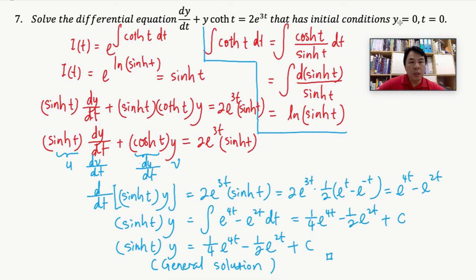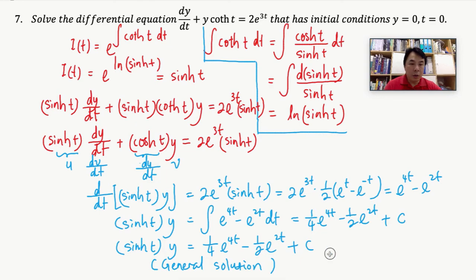All we need to do is substitute the t and y into this expression. So if you substitute t and y as equal to 0, we would be able to recognize very quickly that the c is actually a 1/4. So this is 0. So negative 1/4. So c is actually 1/4.